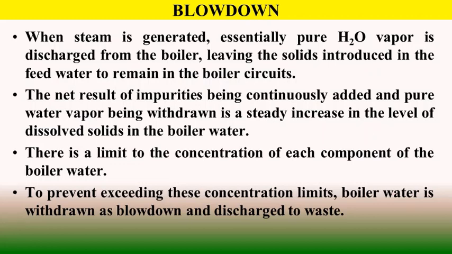In continuous blowdown, on the other hand, the blowdown valve is always kept open at a fixed setting to remove water at a steady rate to drain, maintaining a relatively constant boiler water concentration. So this way blowdown helps in maintaining the concentration of impurities within the water steam circuit.